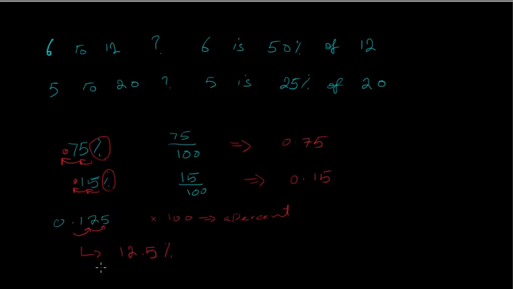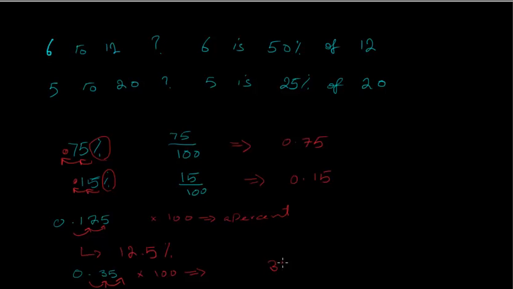Or let's say we have 0.35 and we are interested to make it to a percent, right? Instead of multiplying it by 100, we can move the decimal point 2 places to the right.